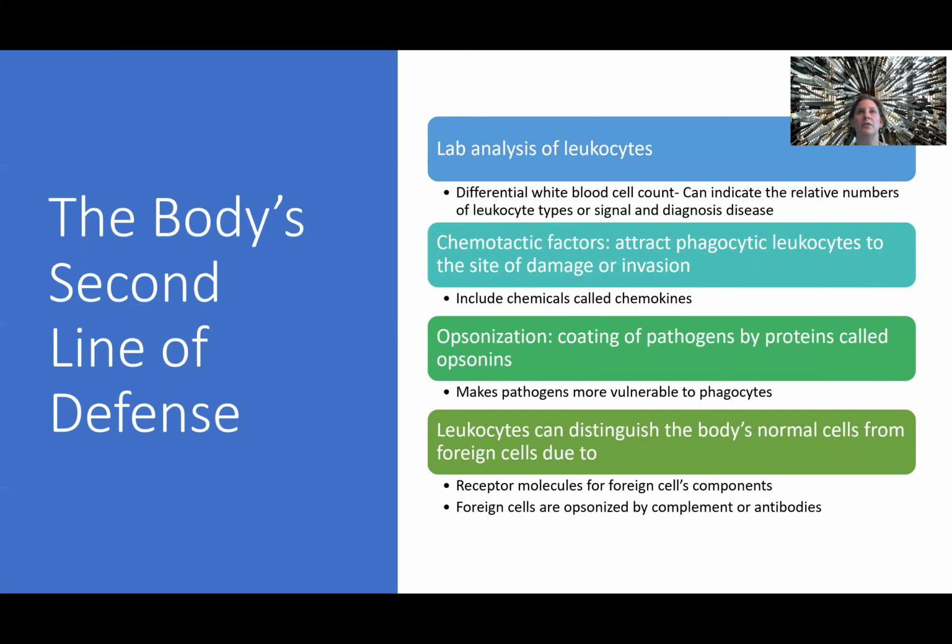So the reason we consider this the second line of defense is these particular leukocytes are able to recognize the surface proteins of cells. And so they know, here are what our surface proteins are. And what they are able to then do is we have tens of thousands, I want to say maybe 20,000 genes that have been identified. That might be too high, but we'll go with it for now.